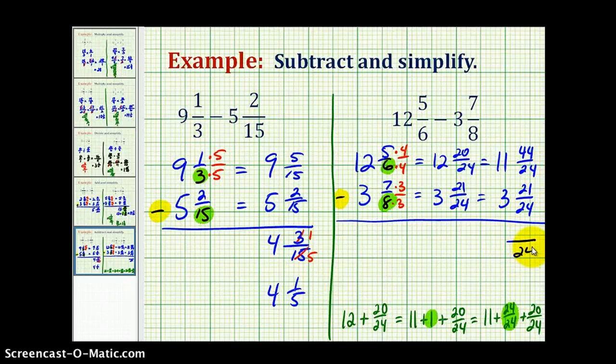Denominator stays the same. 44 minus 21 is equal to 23, and 11 minus 3 is equal to 8. So if you find this borrowing idea a little bit challenging, it's worth spending a little extra time understanding exactly what's happening as described here. In another video, I do show how you can avoid borrowing by converting these mixed numbers to improper fractions.